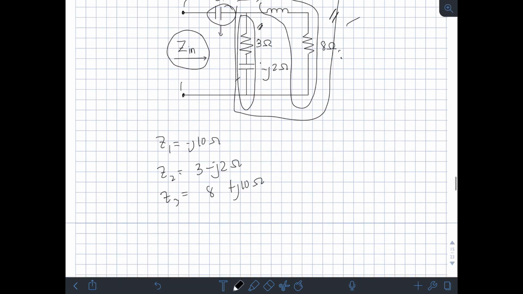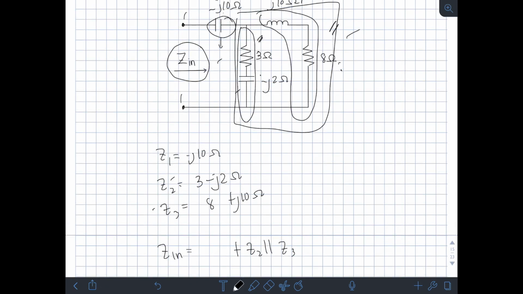Okay? So, Zn is equal to the parallel combination of Z2 and Z3, plus Z1, the negative j10 ohms in series.